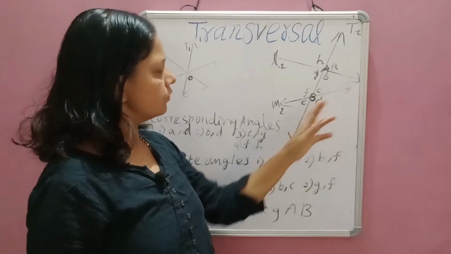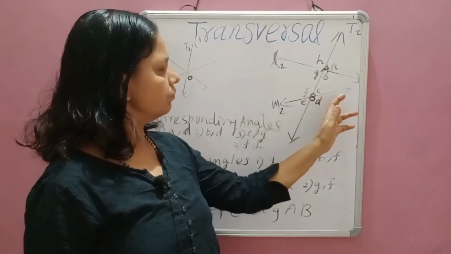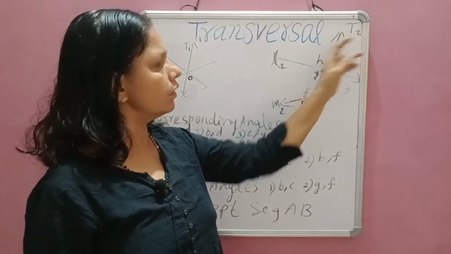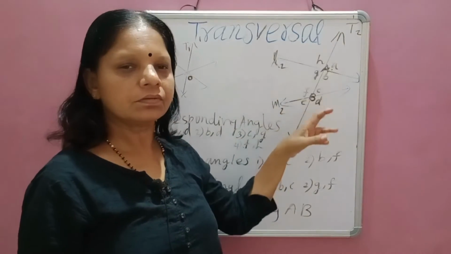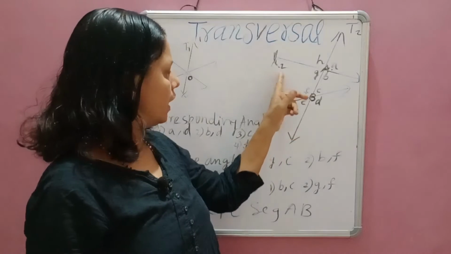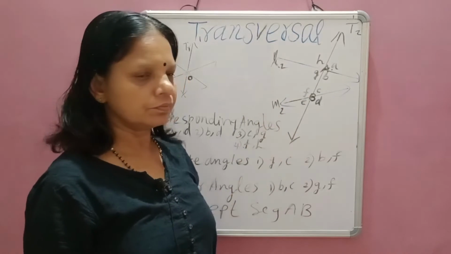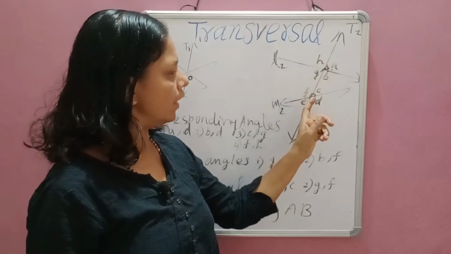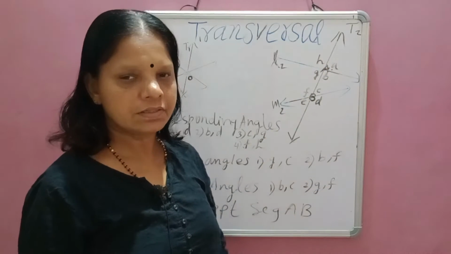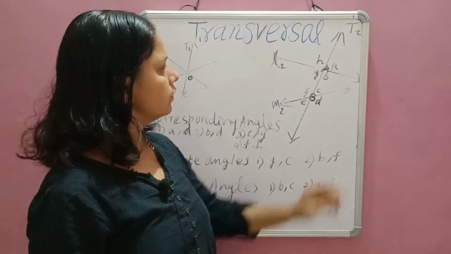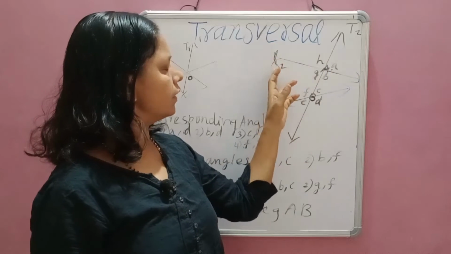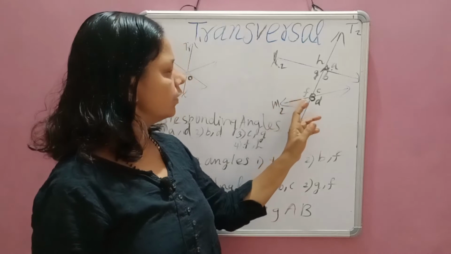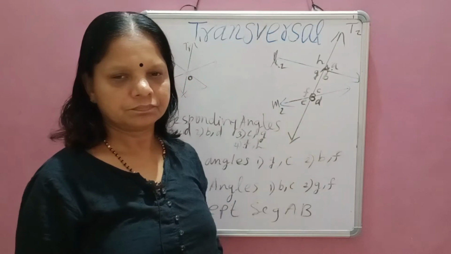Line L2, line M2. There is a third line T2 passing through both the lines L2 and M2 through the points A and B respectively. Means what? T2 intersects line L2 at the point A and M2 at the point B.